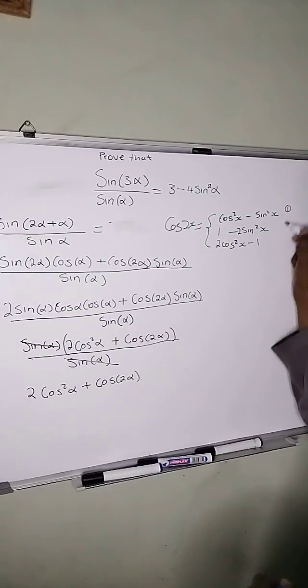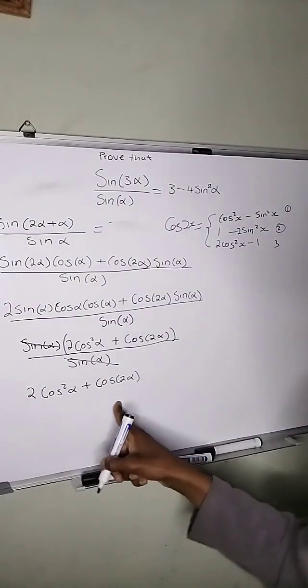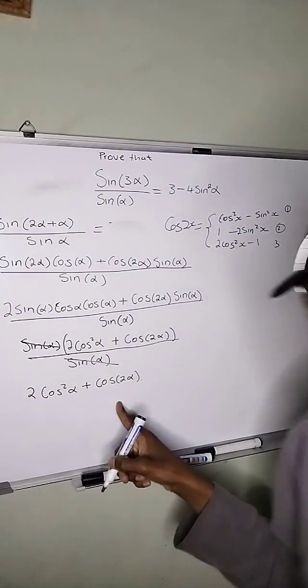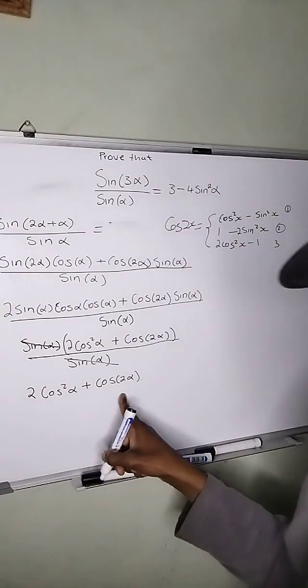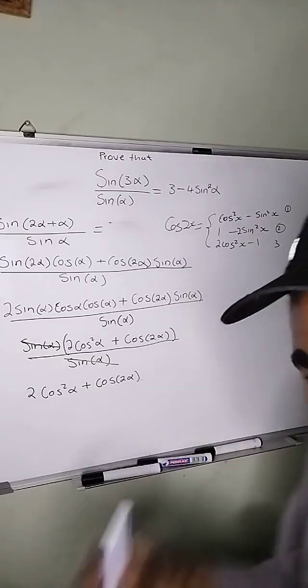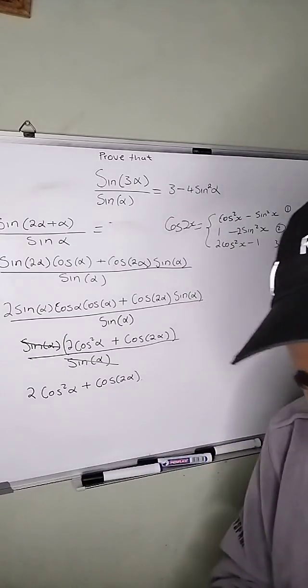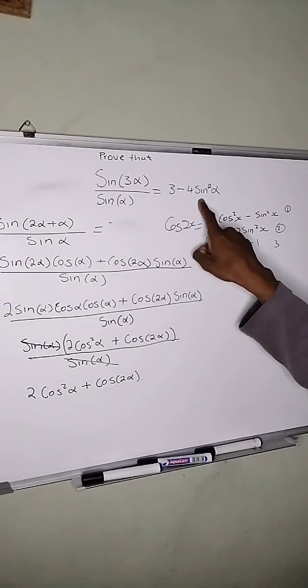So number 1, number 2, number 3. Which one am I going to change this guy to? Number 2, yes. I'm going to change this guy to number 2 because the sine is required.